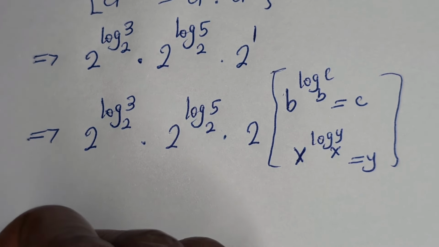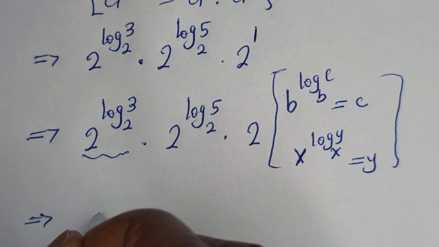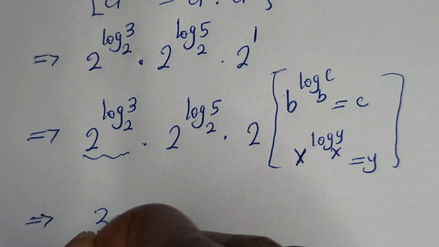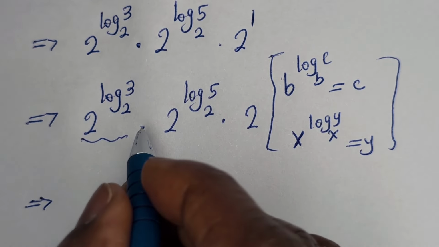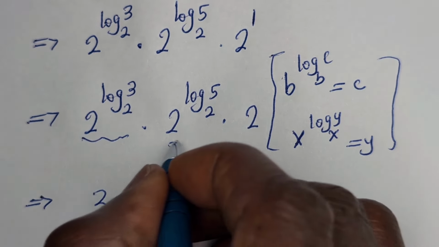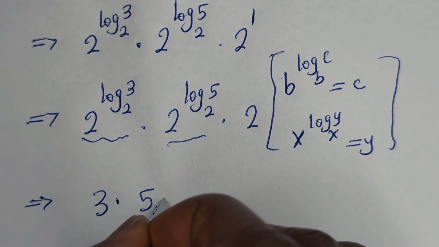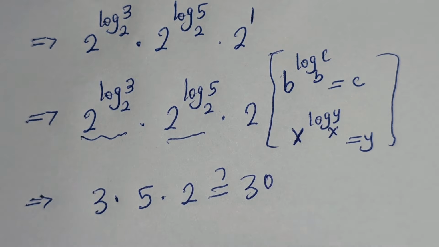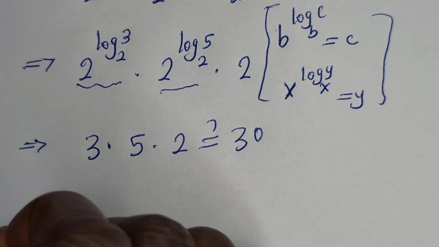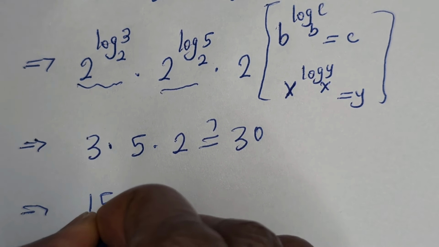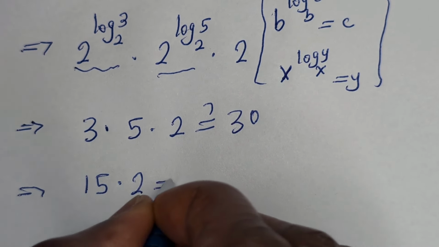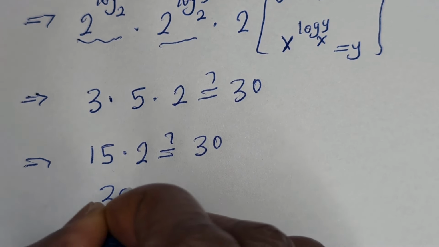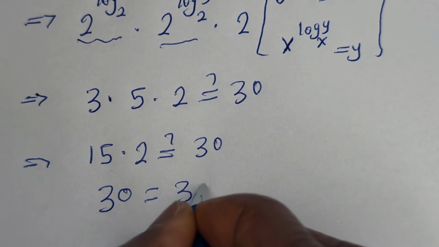And here, the whole of this is 3 multiplied by the whole of this, which is 5, multiplied by 2. Everything must be equal to 30. Now, 3 times 5, we have 15 multiplied by 2 must be equal to 30. 15 times 2 is 30, is equal to 30, which is true.